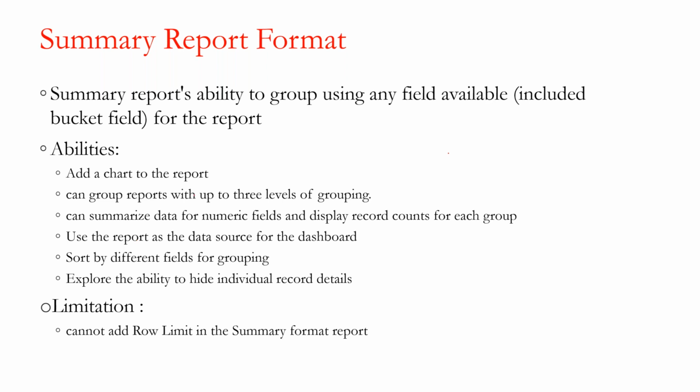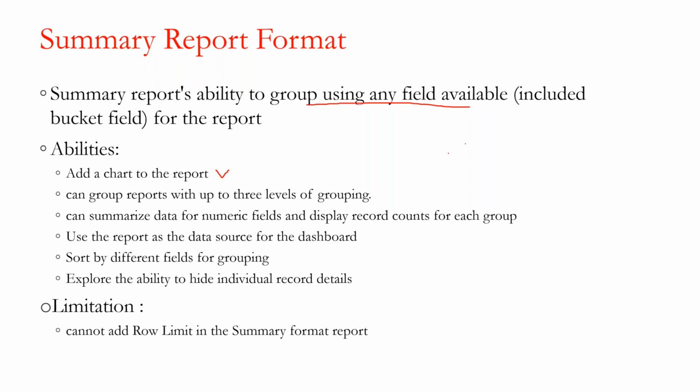A summary report is nothing but the ability to group using any field available, and that may be a bucket field also. Any field we have in the report, we can do the grouping with. Once you do the grouping, we will have the ability to add different kinds of charts on the report. You can see add a chart to report, or you can group the report up to 3 levels.